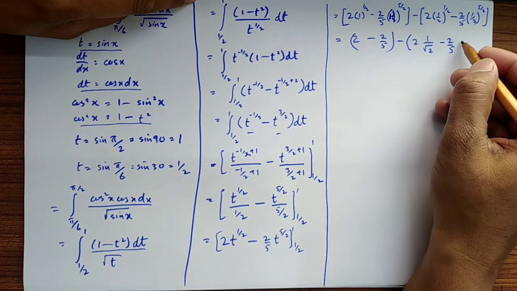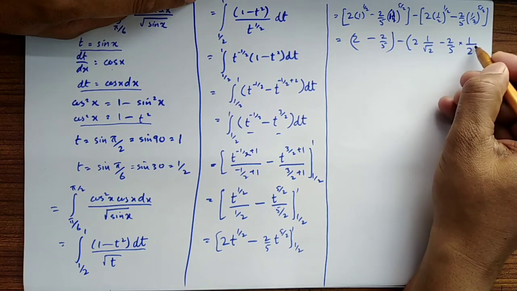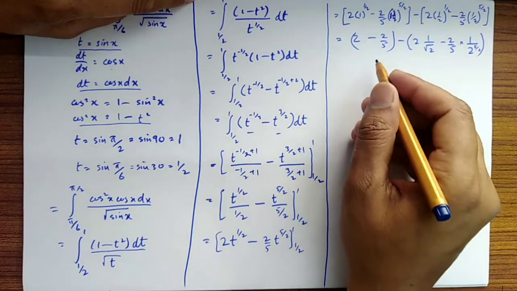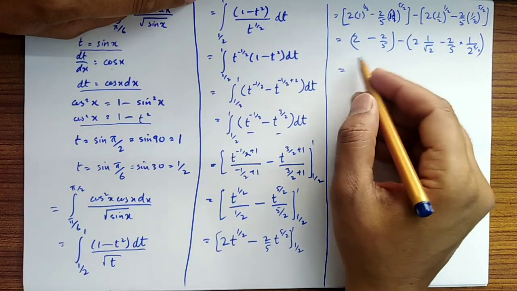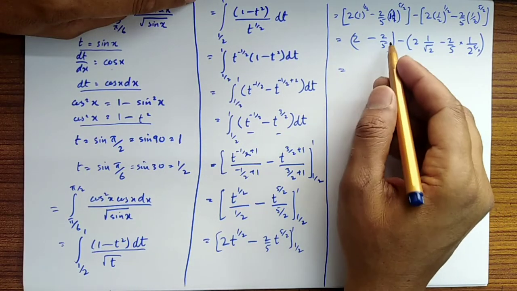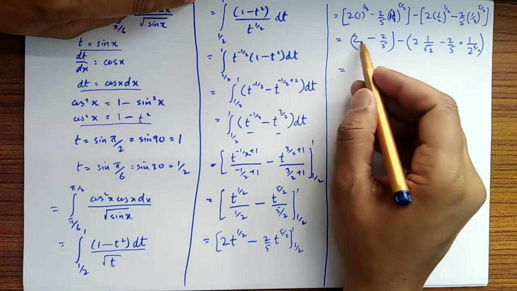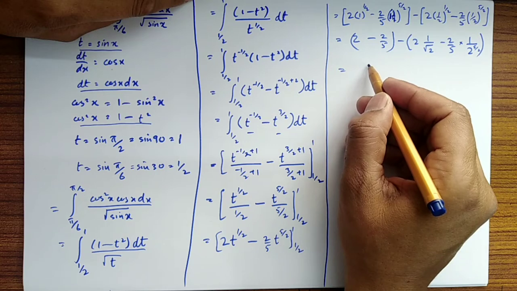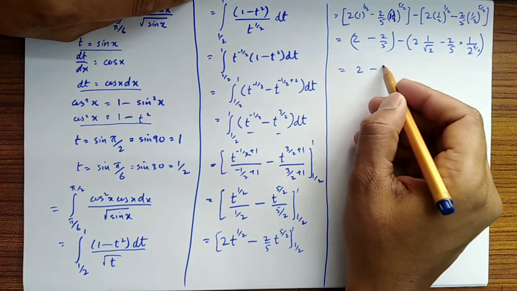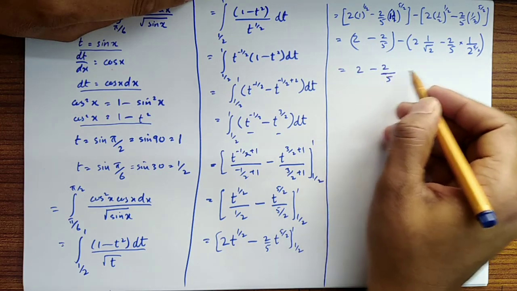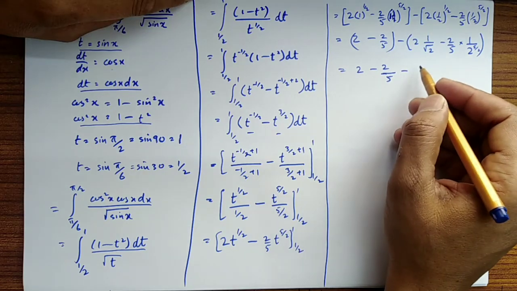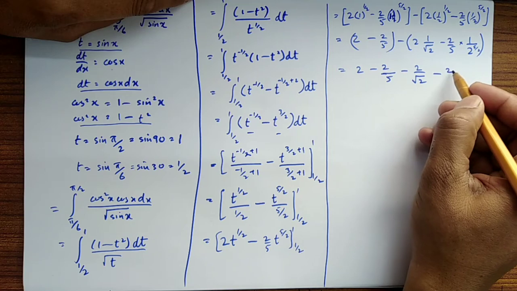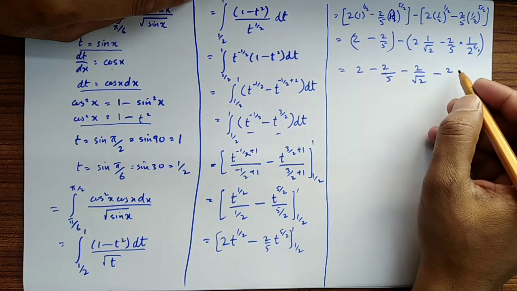This also gives 1 upon 2 to the power 5 upon 2, right? And simplifying this part, 5 2s are 10, 10 minus 2, that just keep this as it is, 2 upon 5, minus 2 whole root of 2 minus 2 upon 5.